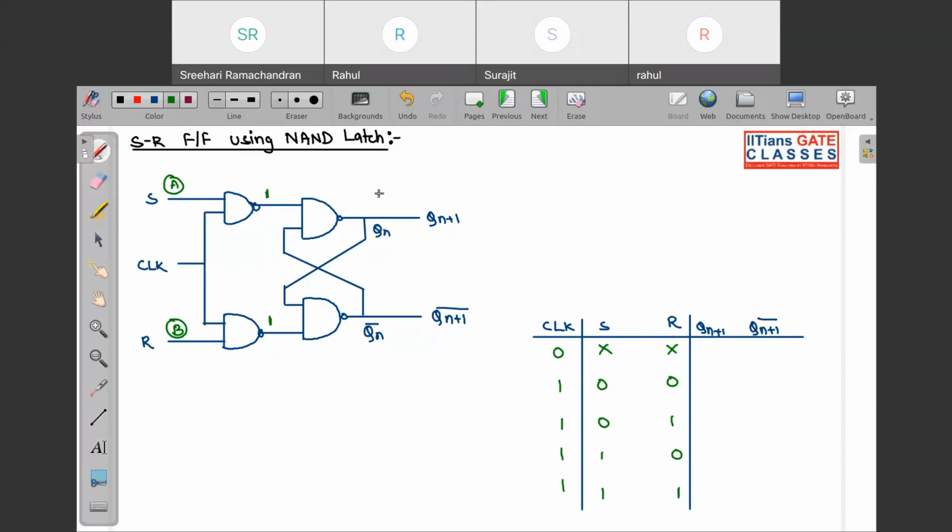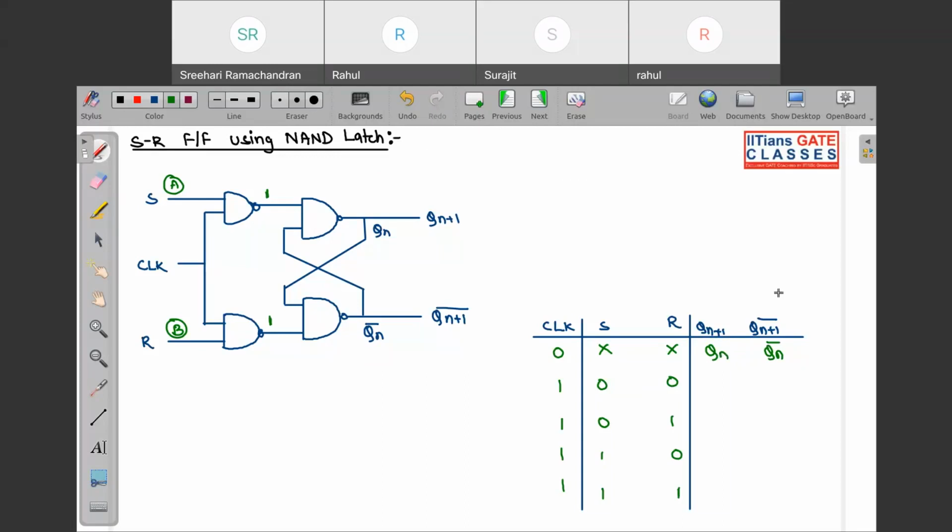So when we apply 1 1, it will go in your hold state, because we know that in NAND applying 0 corresponds to applying input. So applying 1 1 means that we are basically in your hold state. So it doesn't matter whatever input we apply, it will always be in your hold state.